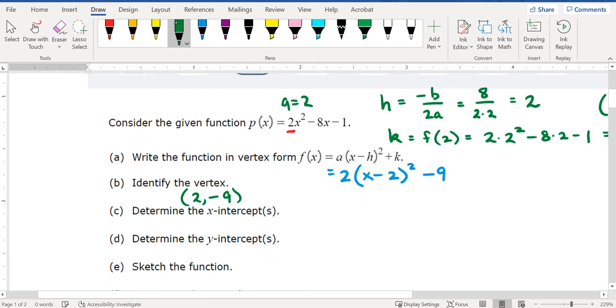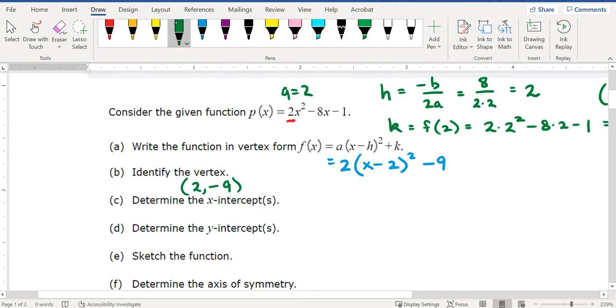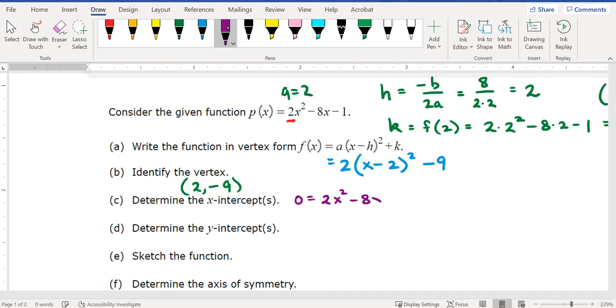Now to determine the x-intercept. To find the x-intercept, you let y be 0. So solve 0 equals 2x squared minus 8x minus 1. I'm going to just use the quadratic formula. x equals negative b plus or minus the square root of b squared, which is 64, minus 4 times 2 times negative 1.